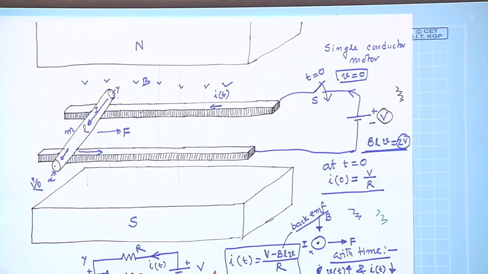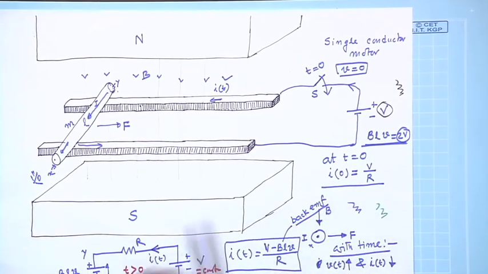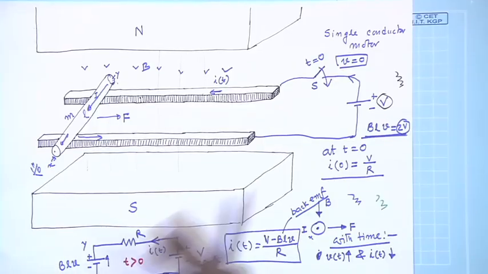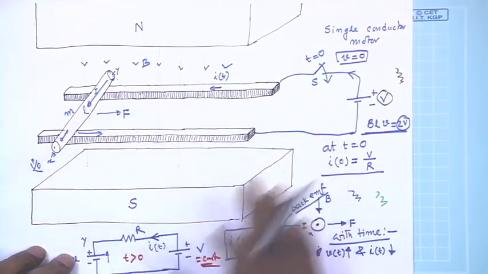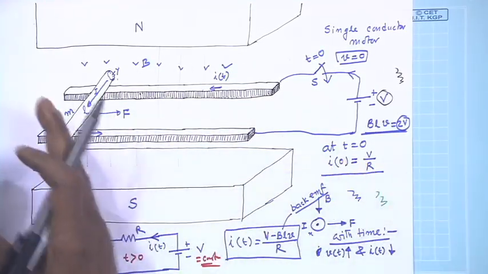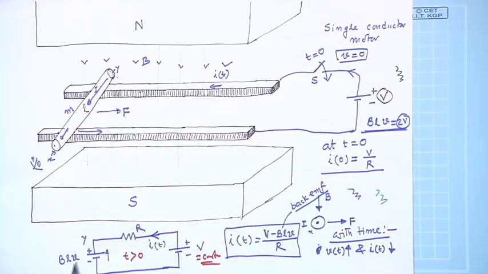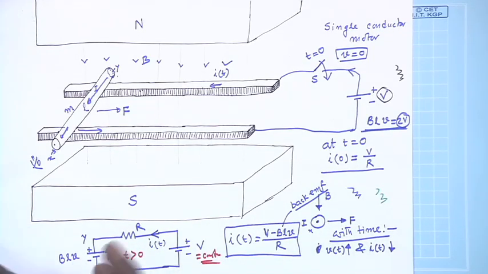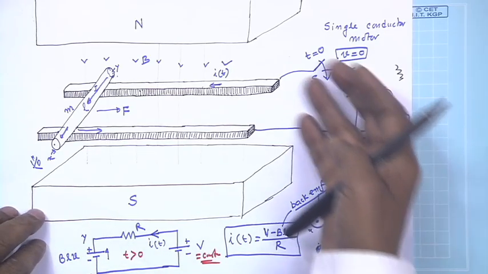Of course, when it settles down at that steady state speed, current will be 0 and everything is satisfied. There is no mechanical power output, because mechanical power output means force into velocity, and no force is acting at that time. Input power from the supply is also 0.